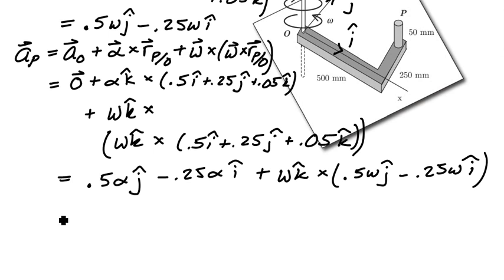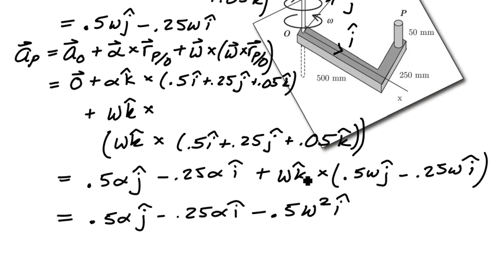I can finally do this last cross product to wrap up my answer. I'll bring down the 0.5 alpha in the j, minus the 0.25 alpha in the i, and then k cross j is a minus i, so I'll have minus 0.5 omega squared in the i, and k cross i gives a j, so I'll have minus 0.25 omega squared in the j.